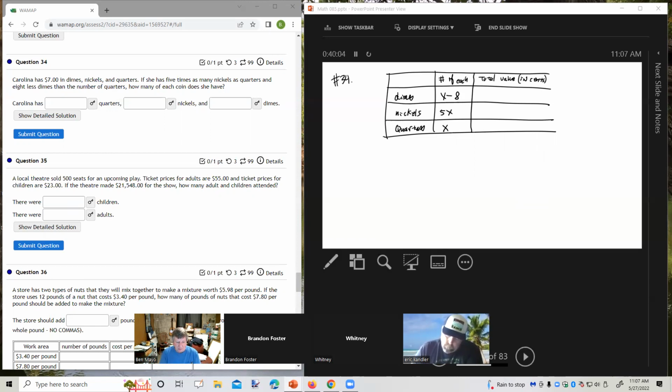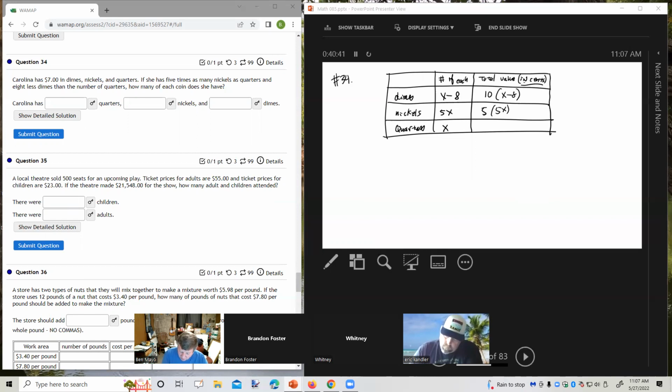Any question about where I got the number of each? All right. A dime is worth 10 cents, and I'm going to do this in cents. So X minus 8 dimes would be worth 10 cents times X minus 8. 10 cents a piece times the number of dimes. A nickel is worth 5 cents, so the total value of the nickels would be 5 cents times the number of nickels.